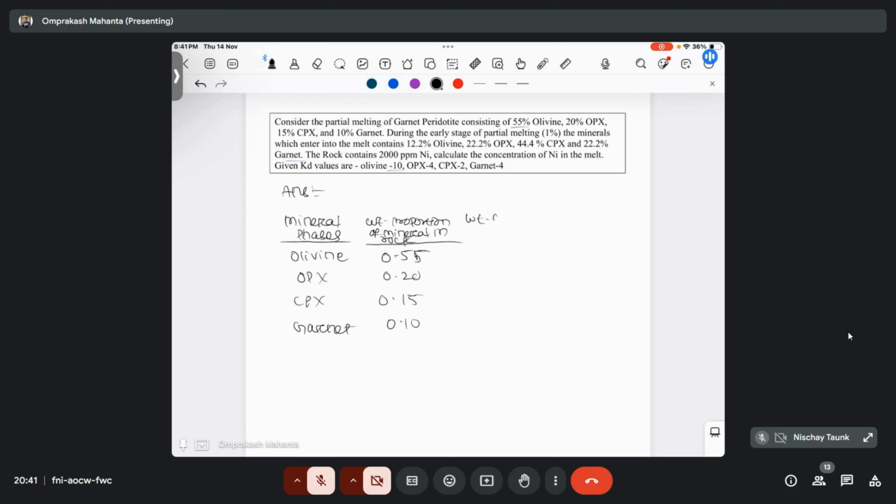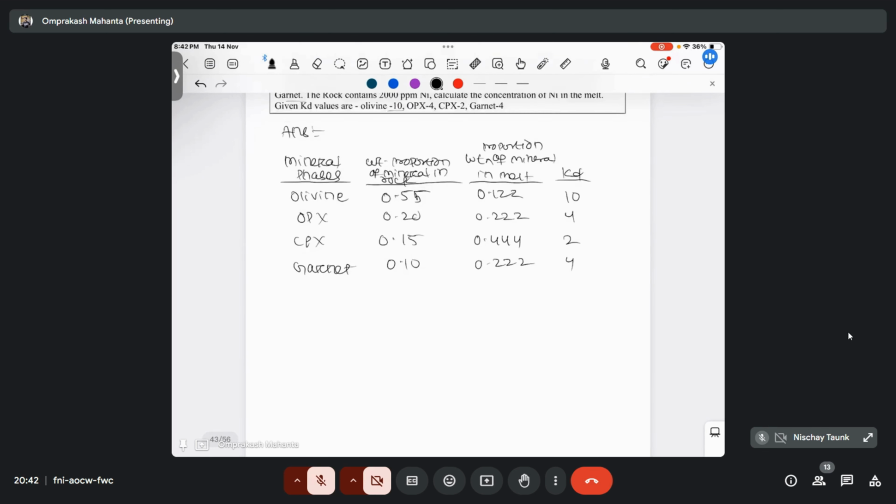The weight proportion of mineral in melt is given as 12.2, sorry, 0.122, 0.222, 0.444, and 0.222. And then the Kd values are given here as 10, 4, 2, and 4.